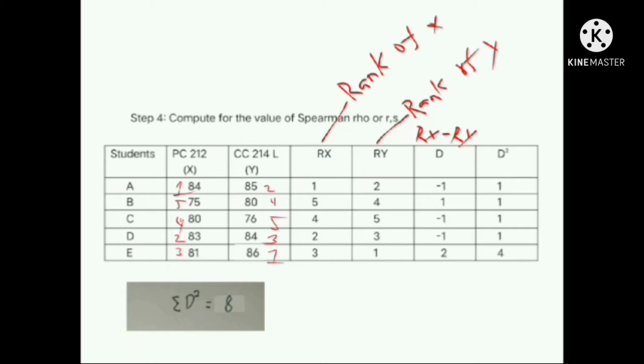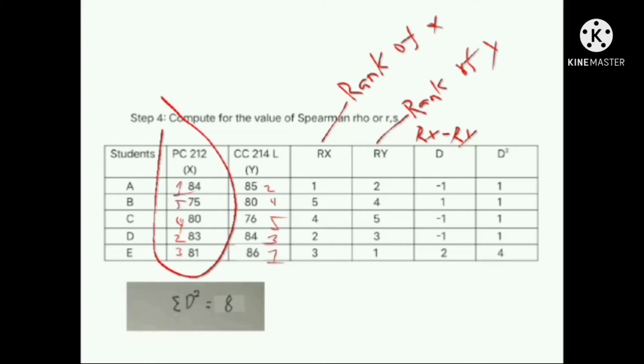So in order to get the Rx or the rank of X, you only look at the subject PC212, which is the X, and then arrange it, locate the highest grade, and make it the 1.